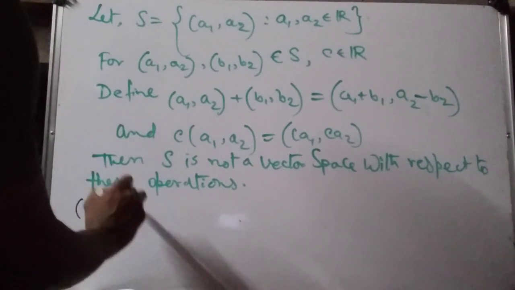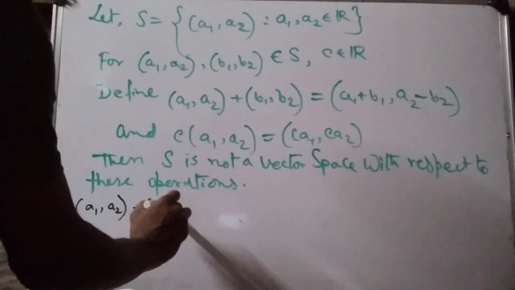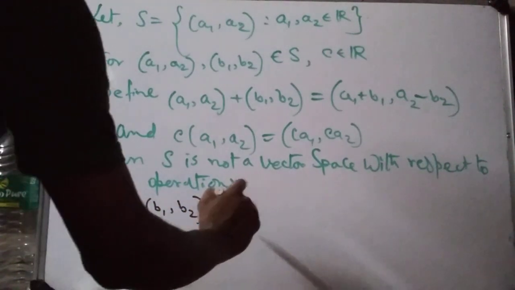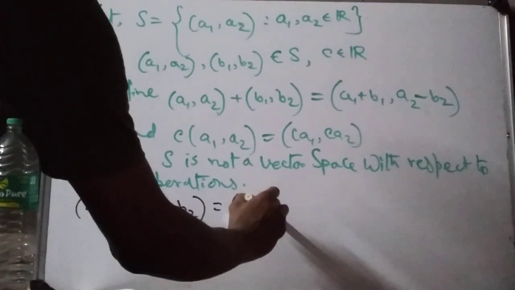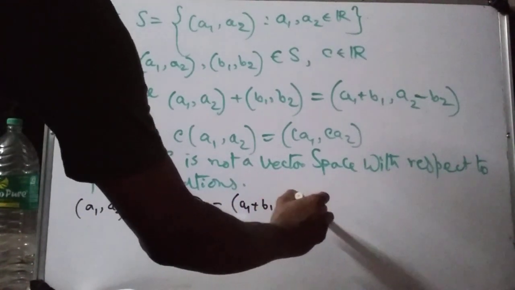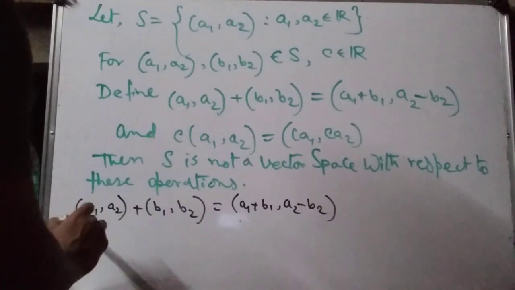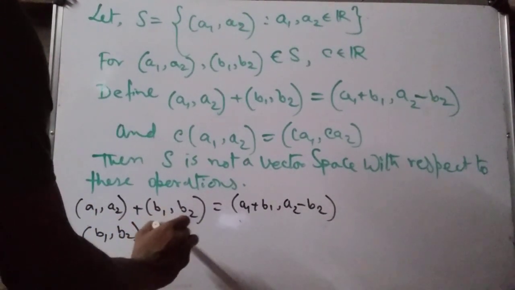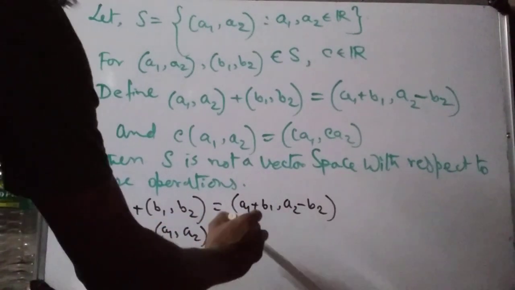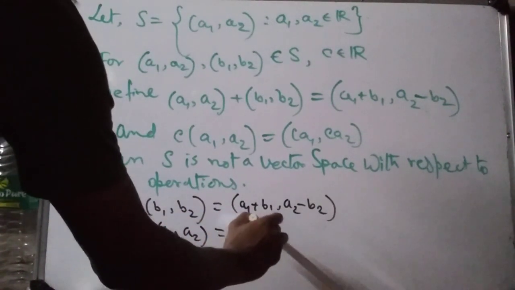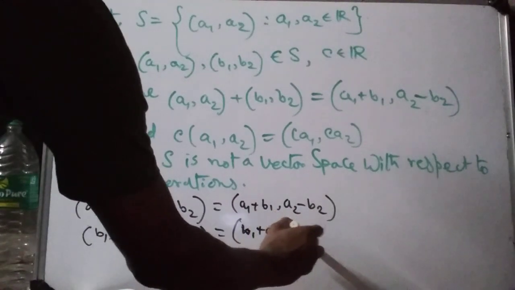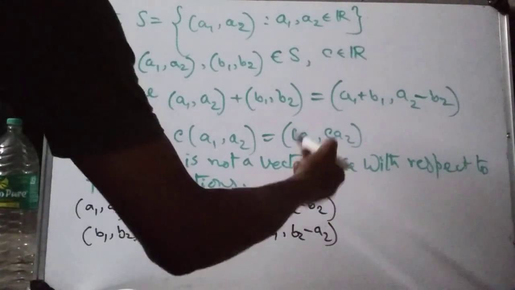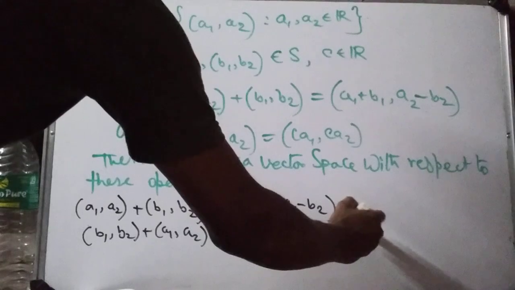(a1, a2) + (b1, b2) equals (a1 + b1, a2 - b2). And again we change the order: (b1, b2) + (a1, a2). Then here we get b1 + a1 and here b2 - a2. These are not equal.